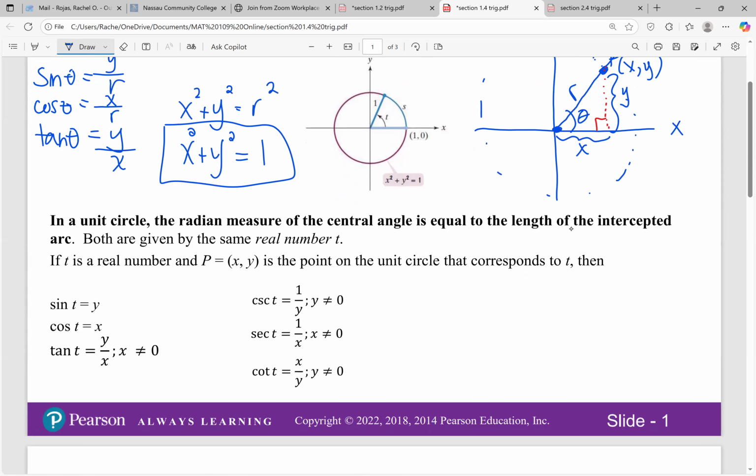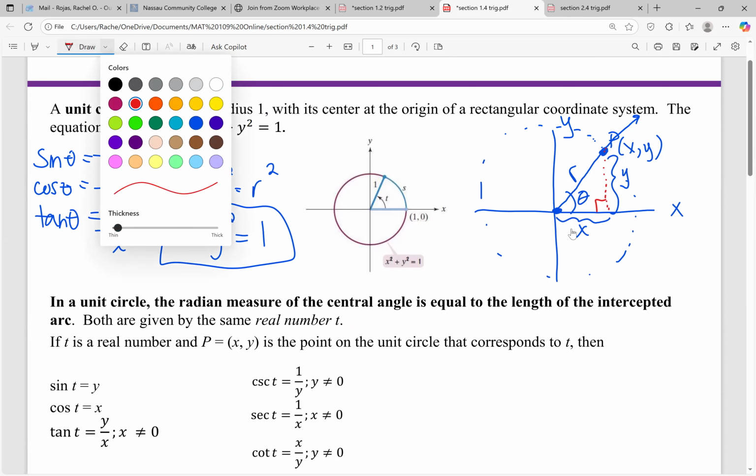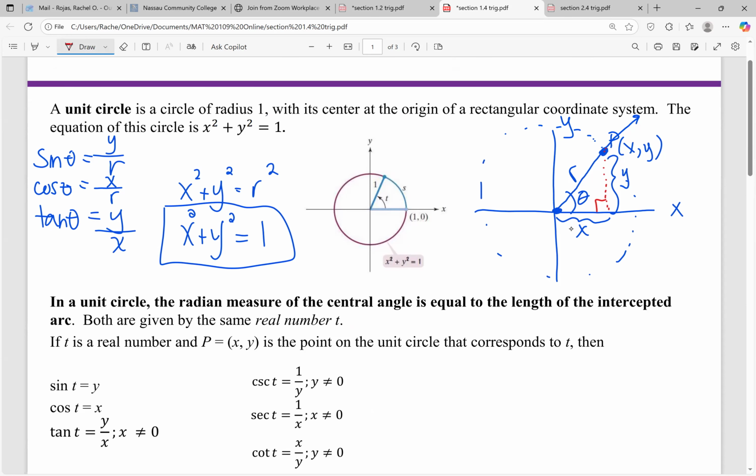So if my radius is 1, think about what these ratios are going to be equal to. Y over r for sine would be y over 1, because the radius is 1 in a unit circle. So sine theta would just be equal to y. Cosine theta would be equal to x over 1, which is x.